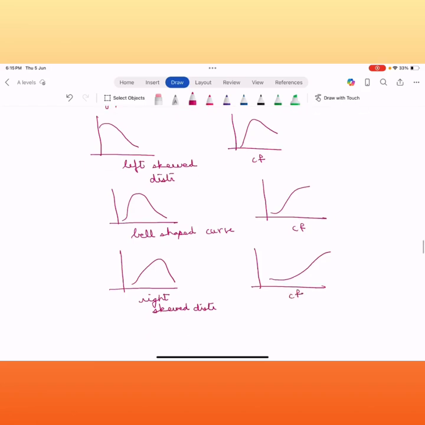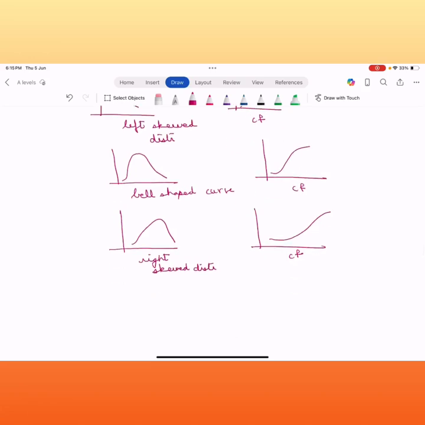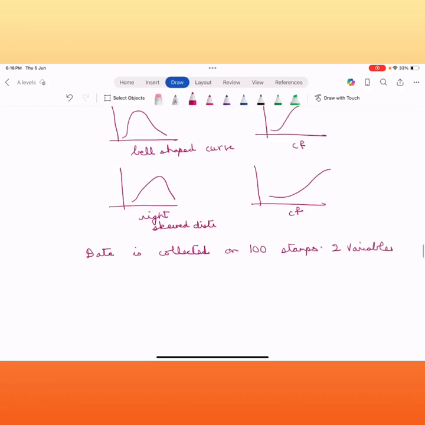Now we'll just discuss a few questions. Supposing data is collected on 100 stamps, two variables are the color and width.